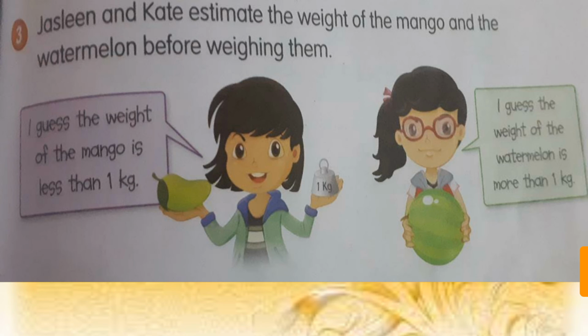I guess the weight of the watermelon is more than 1 kg. I think she is also right, because a watermelon is heavy and she guessed right that its weight is more than 1 kg.